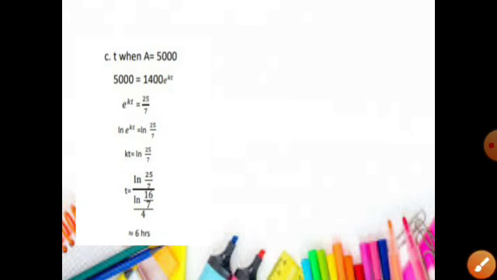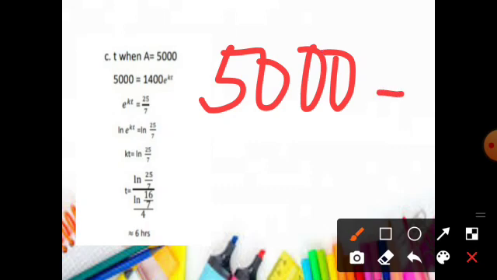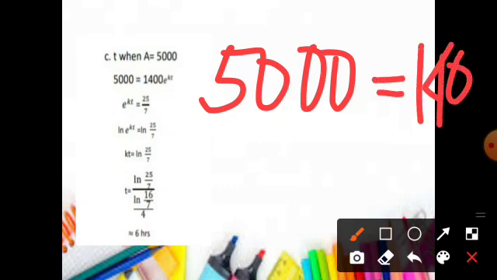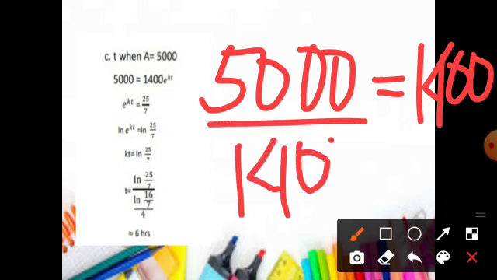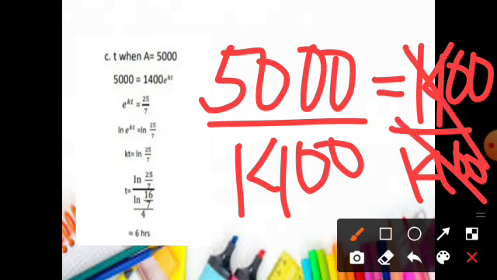So we're going to divide 5,000 by 1,400, the number of bacteria, so it cancels. 5,000 divided by 1,400.